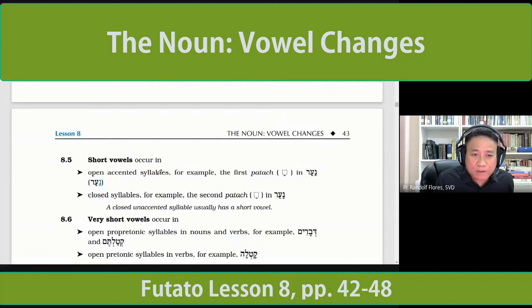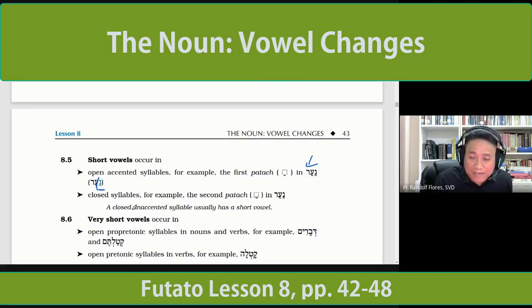There are also short vowels. Short vowels occur in open accented syllables. For example, the first in naar. Open accented syllables. This one is accented, no? Naar, meaning young boy. Na is open and accented.